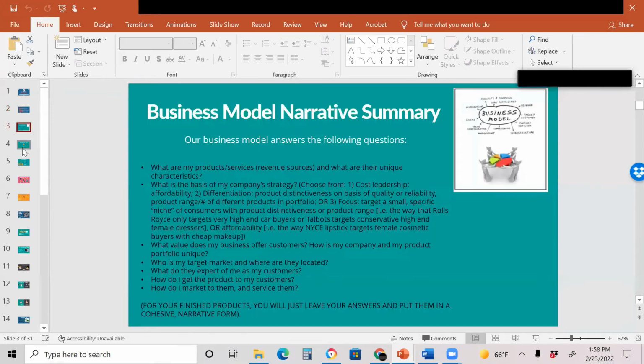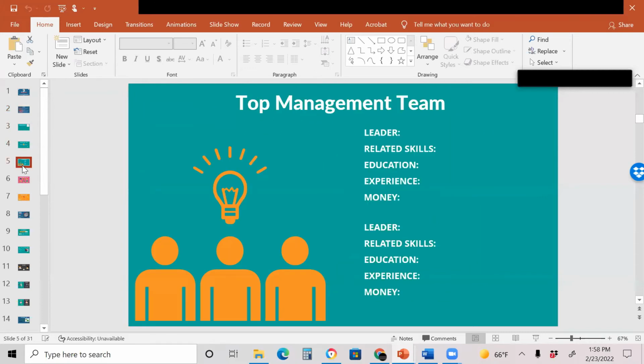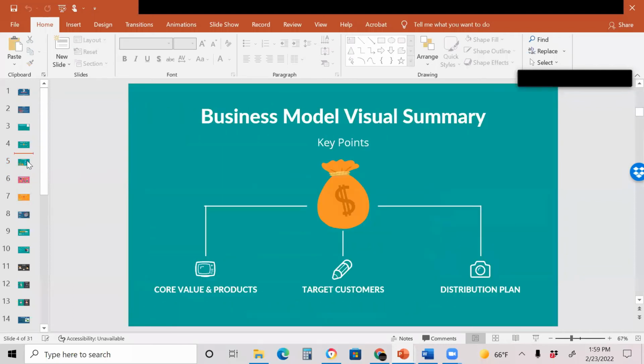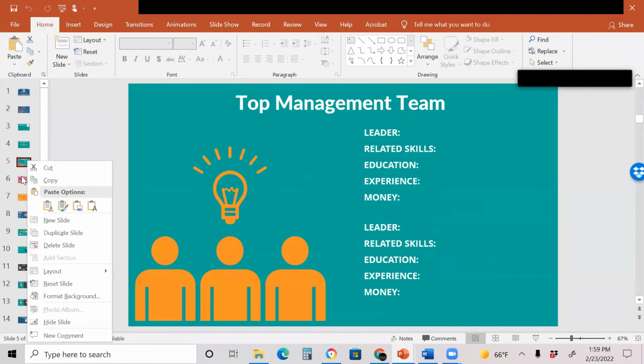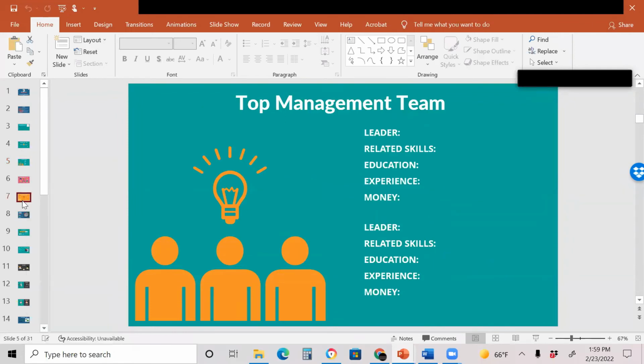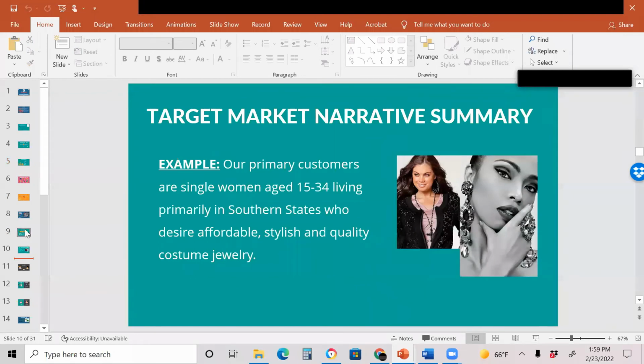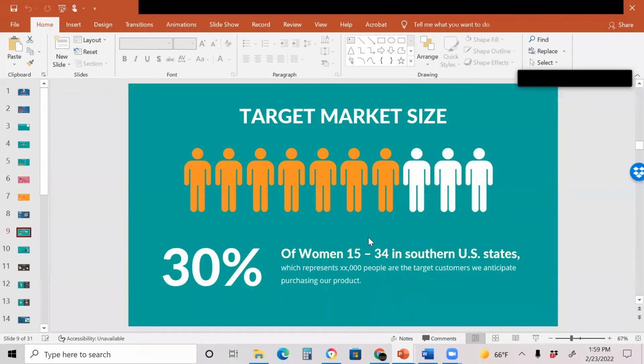When you go through this template, you're able to see how you can customize it, but it prompts you to enter information and gives you some basic structure for things like your top management team, your core products and services, and target market size, with an example of how to specifically identify your target market size.